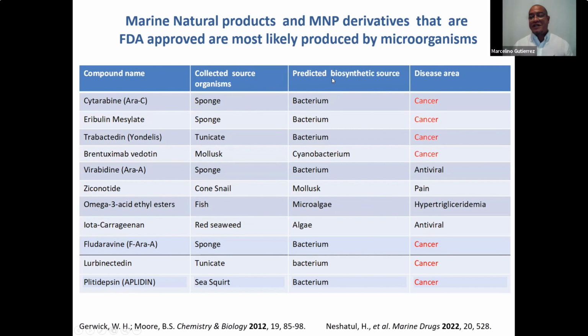Then this is predicted by a biosynthetic source, and in some cases the real microbial origin is demonstrated, as I showed you. And you can see here the therapeutic area. So there is a trend that some of the drugs on the market, thought to be produced by organisms like marine invertebrates or plants, actually have microbes as the real producers.